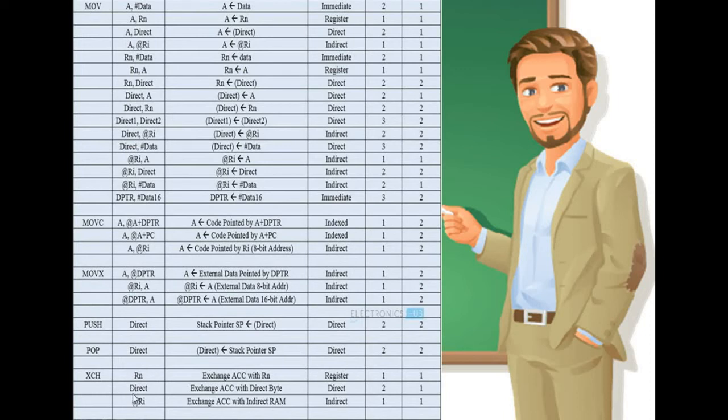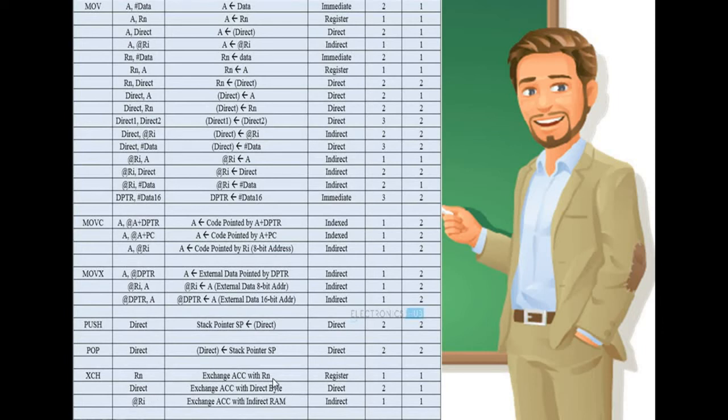Exchange Rn means exchange the accumulator with a specified register. For example, exchange accumulator with R0 means the data present in the R0 register will be exchanged with the accumulator. Exchange direct exchanges the accumulator with a direct byte.